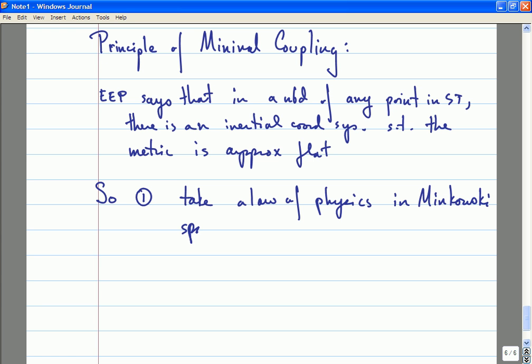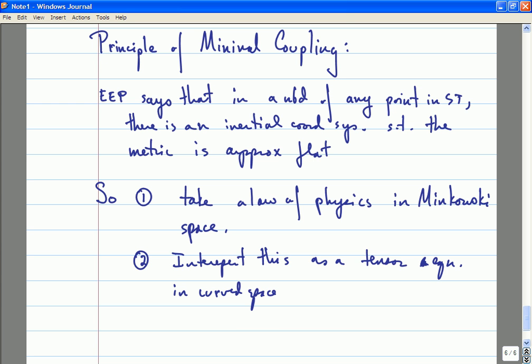And then what we would like to do is interpret it as a law of physics formulated as a tensor equation in curved space, written in Riemann normal coordinates, or written in inertial coordinates.